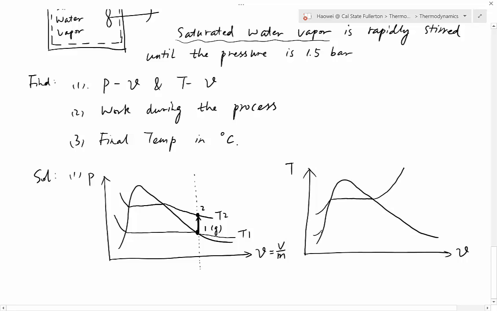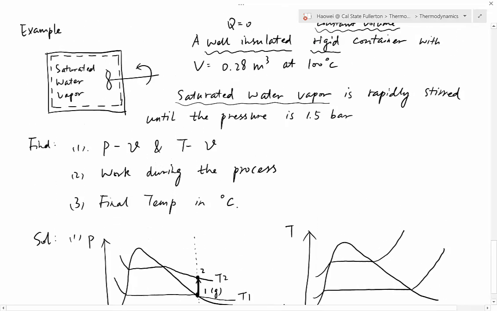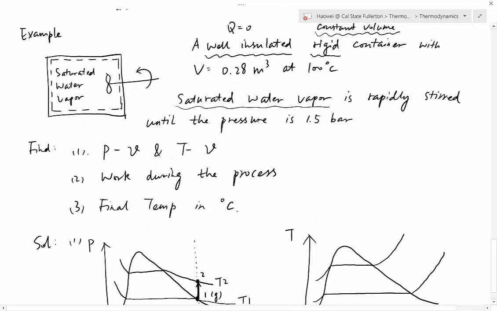We're going to sketch two of them because we have initial pressure P1 and final pressure P2, so we need one for each. Okay, so the next question is, which line represents P1? Which line represents P2? Do you remember the rule? The rule is still the same. The higher this constant pressure line is, the higher the pressure it represents. So which one has higher pressure, P1 or P2?